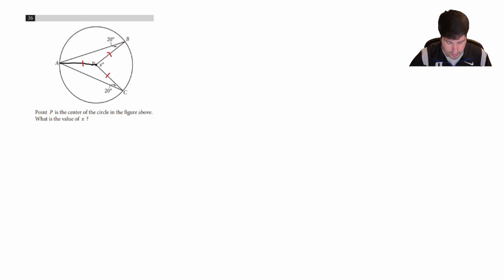Now, what you'll notice is as soon as I draw this line AP, you can see the formation of two triangles. This triangle APB and the triangle APC, right? And recall the base angles theorem.